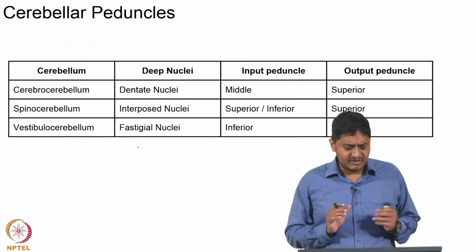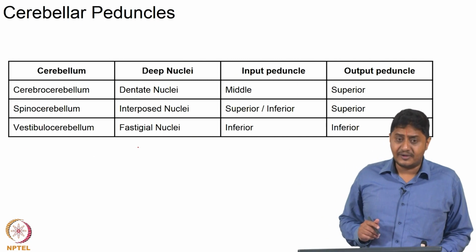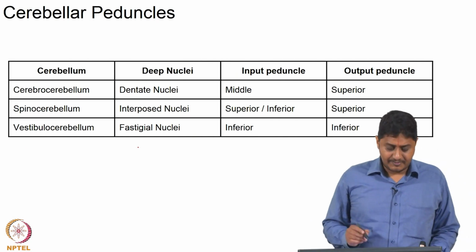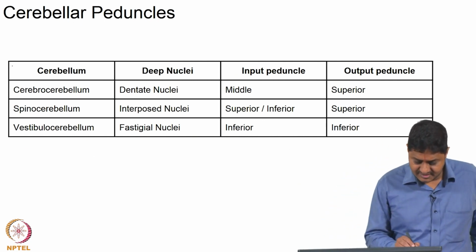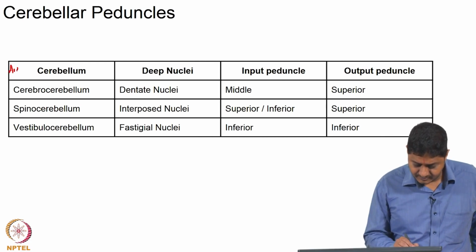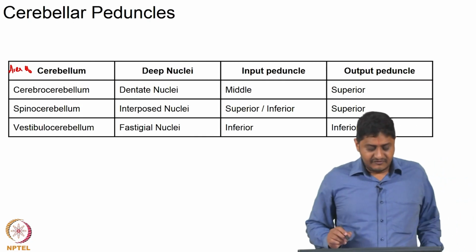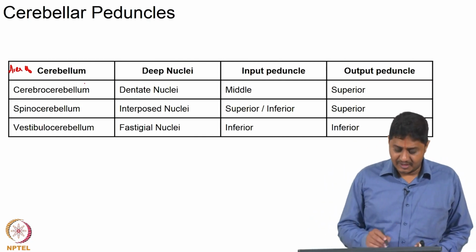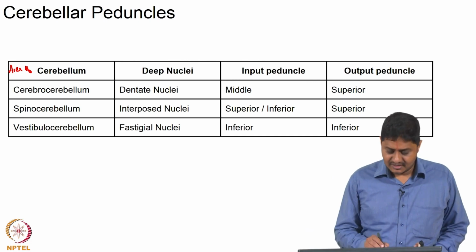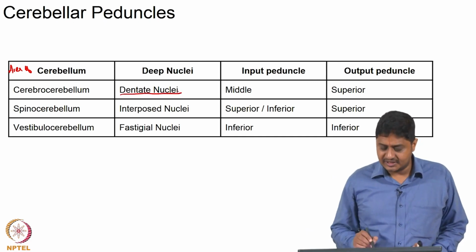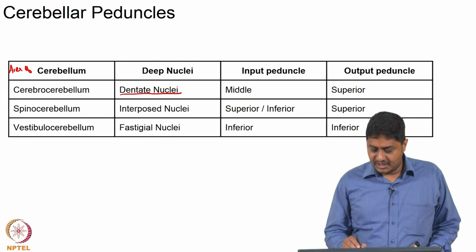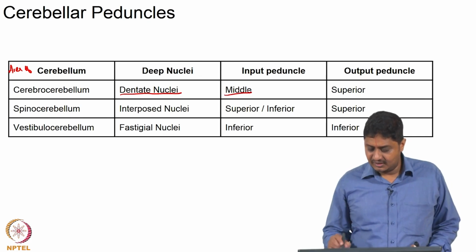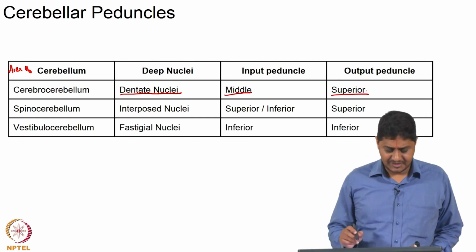So, a very brief overview of the cerebellar peduncles here. This is the subpart of the cerebellum or area of the cerebellum. If it is a cerebrocerebellum, it receives input from the cerebral cortex via the pons and it outputs through the dentate nucleus, and the input peduncle is mainly the middle peduncle and the output peduncle is mainly the superior peduncle.